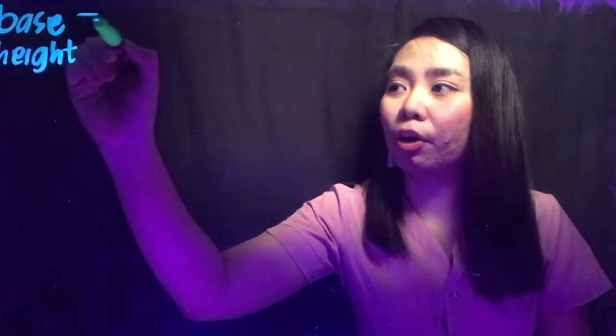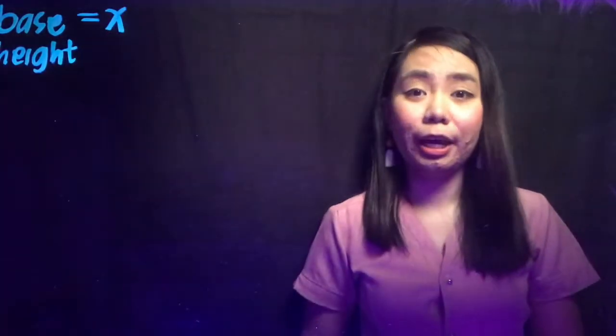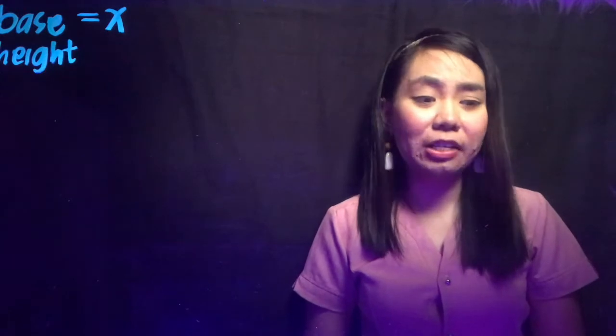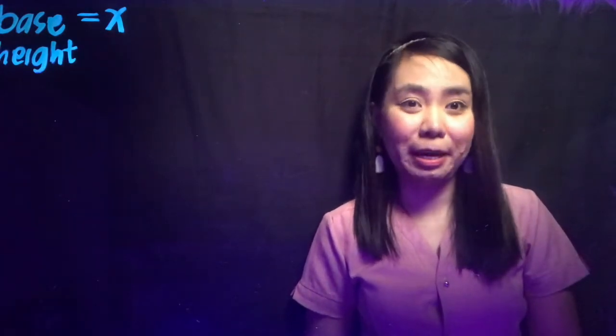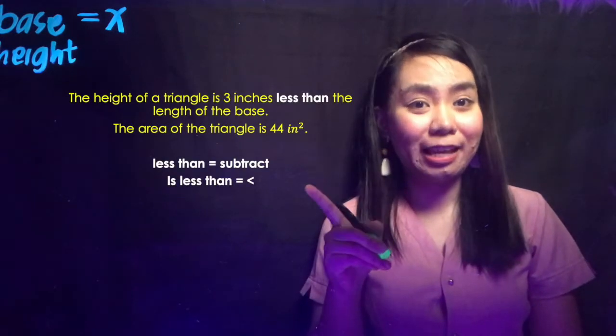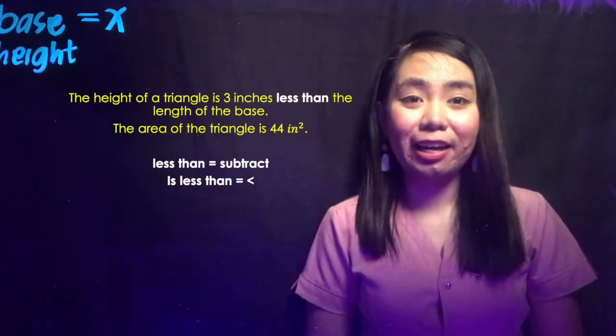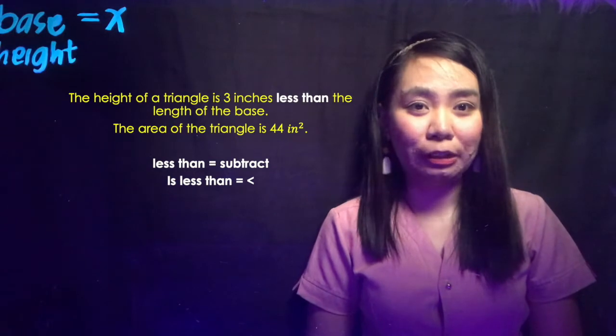In the problem, it tells you something about the height, but there is nothing about the base. In this case, we will represent your base as x. For the height, it tells you that it is 3 inches less than the length of the base. You see the words less than? Less than tells you to use subtraction.